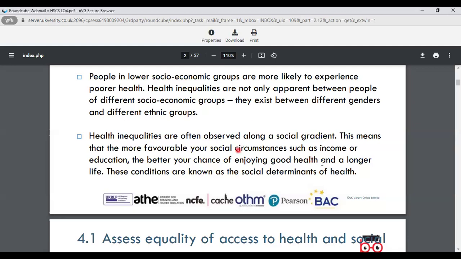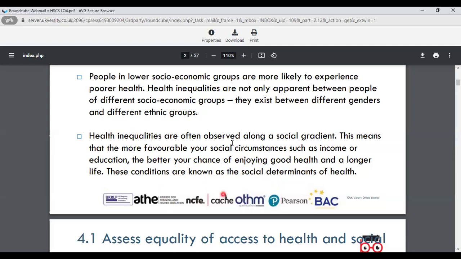As this gradient goes, the health inequalities also vary with it. This means that the more favorable your social circumstances are, like your income or your education, the better your chance of enjoying good health and a longer life. These conditions are known as the social determinants of health.